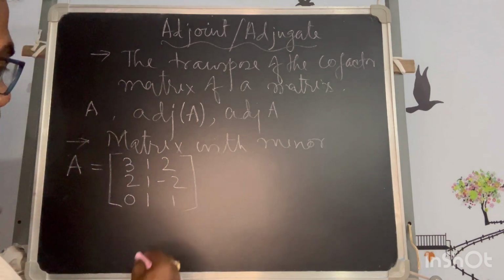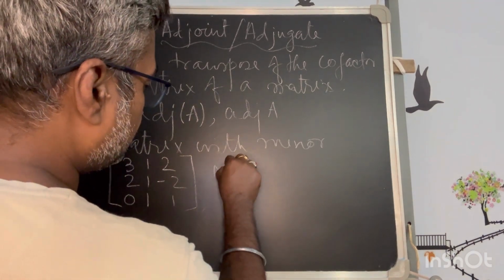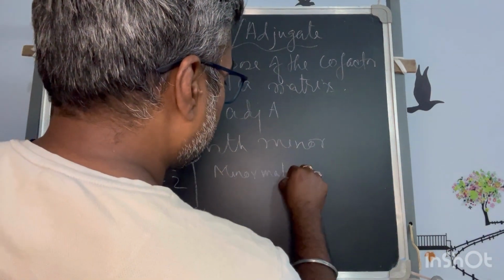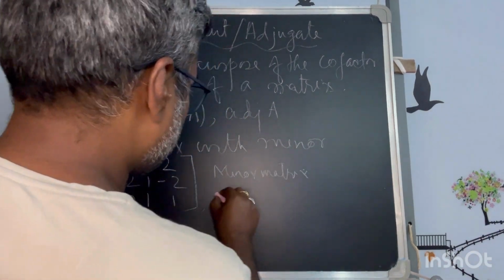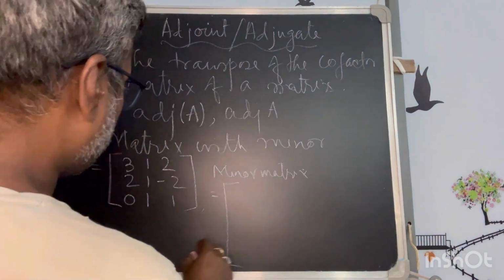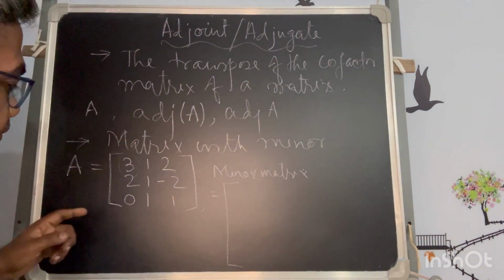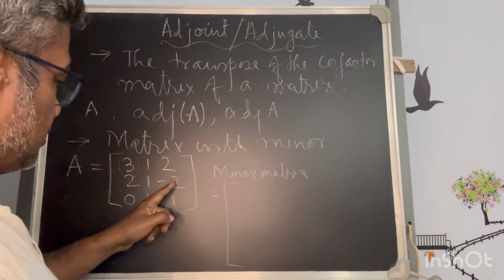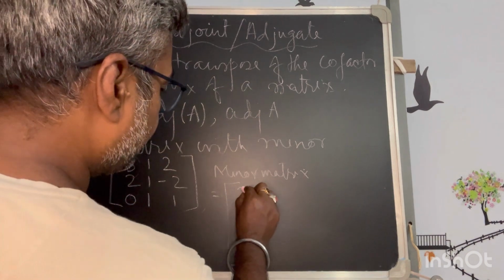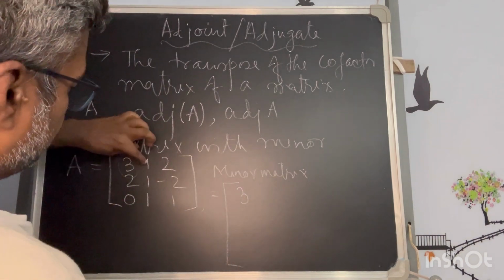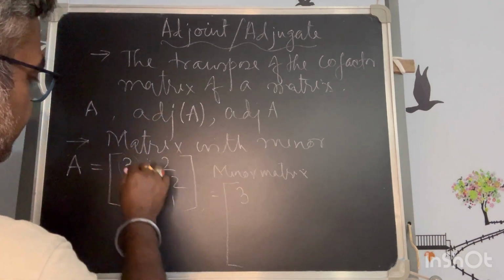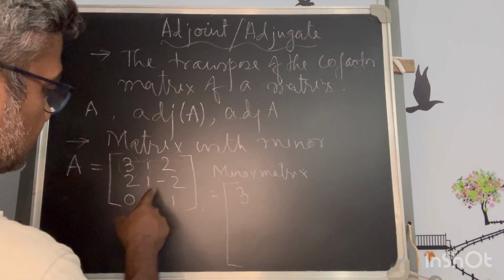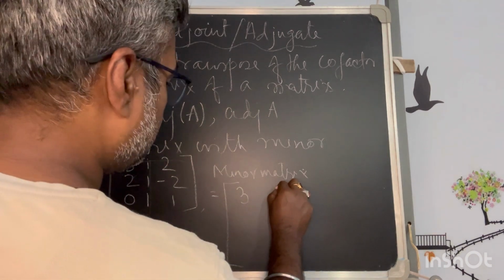So first you have to find the matrix of minors. Minor of this is 1 into 1, that is 1, minus minus 2, so that is equal to 3. Then for this, the minor is 2 into 1 minus 0, so that is equal to 2 itself.